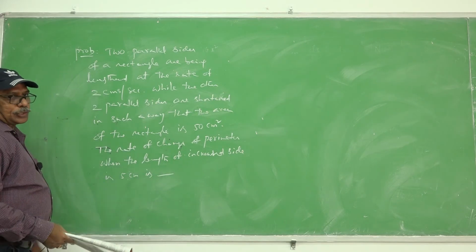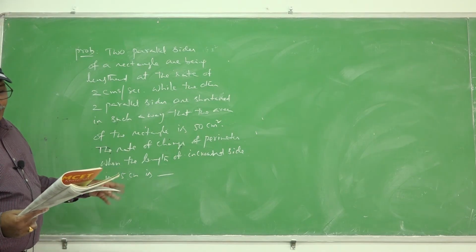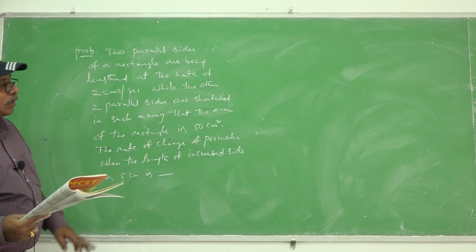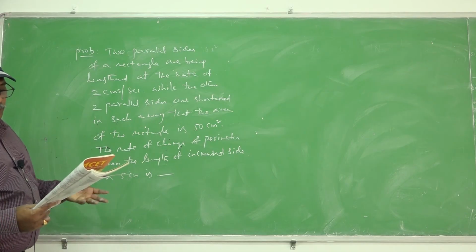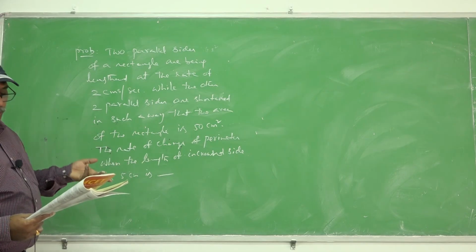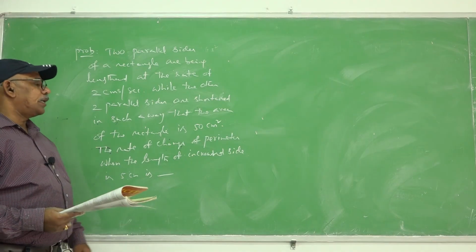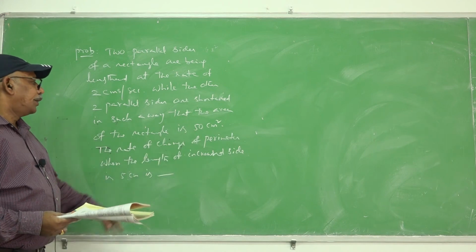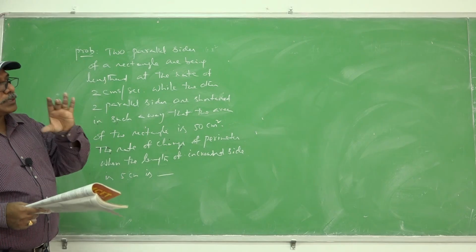Two parallel sides of a rectangle are being lengthened at the rate of 2 centimeters per second, while the other two parallel sides are shortened. How fast they are shortened is not given. In such a way, the area of the rectangle is always constant here, 50 centimeters square. So the area always remains the same.